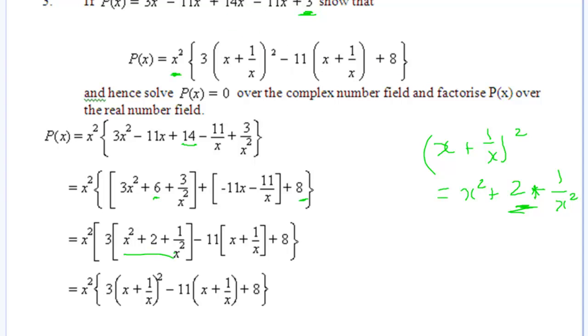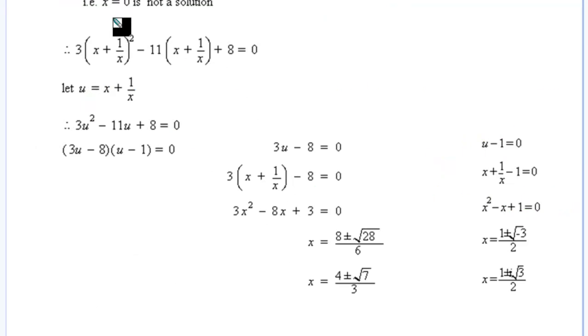So given that regard, we can start to manipulate this quadratic, which starts to make life a little easier because we're manipulating a quadratic rather than a quartic. So let u be equal to x plus 1 on x, and we get a quadratic function which we can factorise down to (3u minus 8)(u minus 1).